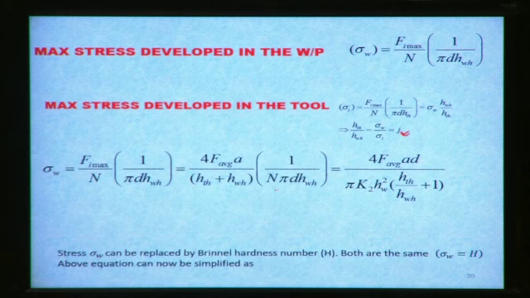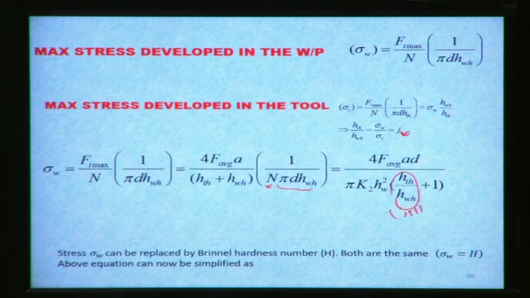Now if we take HWH as common here, it will be STH by SW plus 1. STH by SW we already know is J, so this will become J plus 1 here.